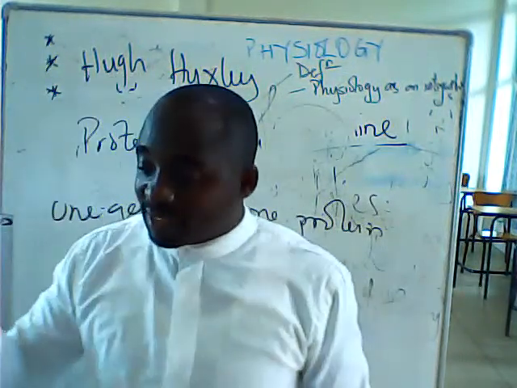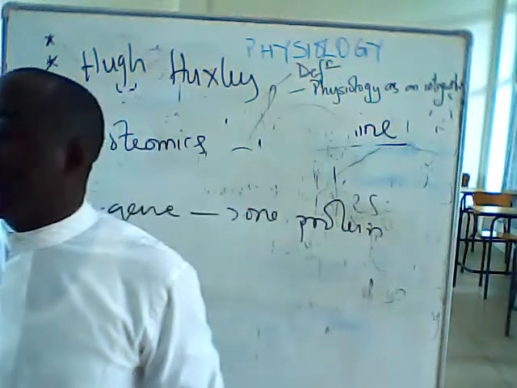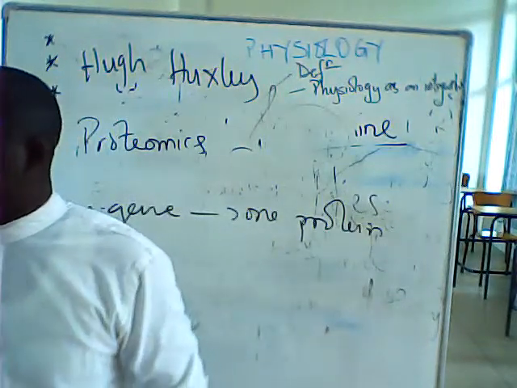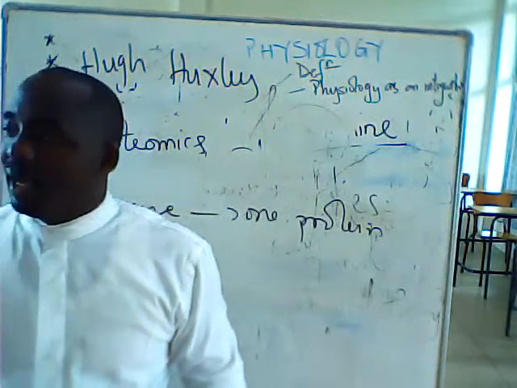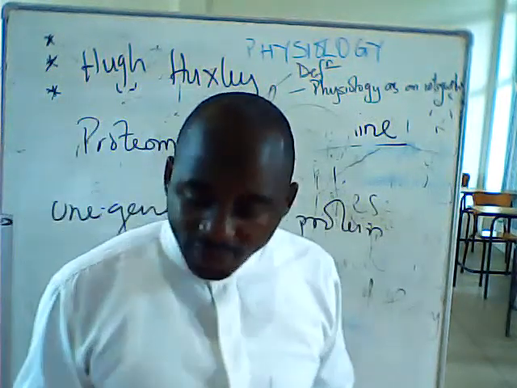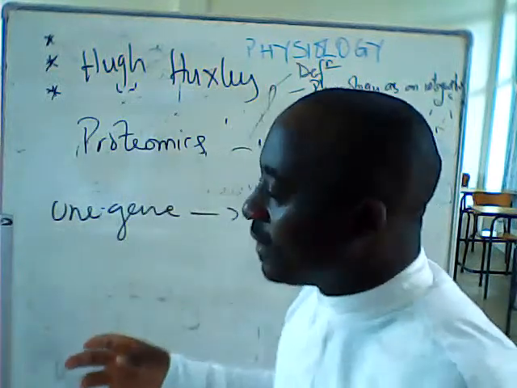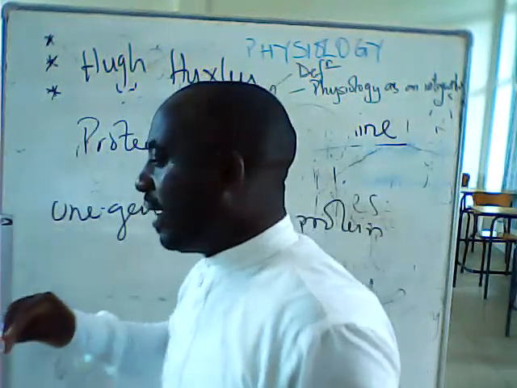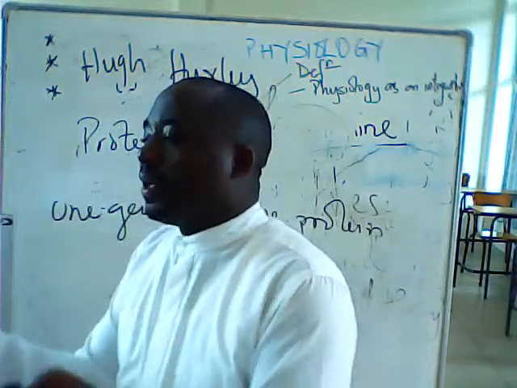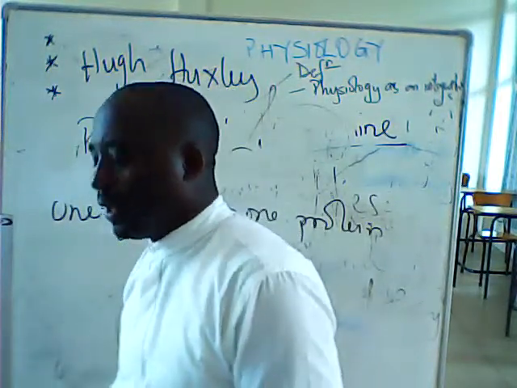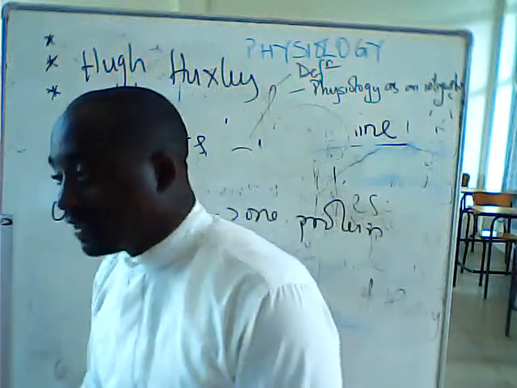Okay, and to say that, for example, intelligence or emotions or madness, we cannot explain these by just summing the functions of the individual components of the nervous system. Okay.